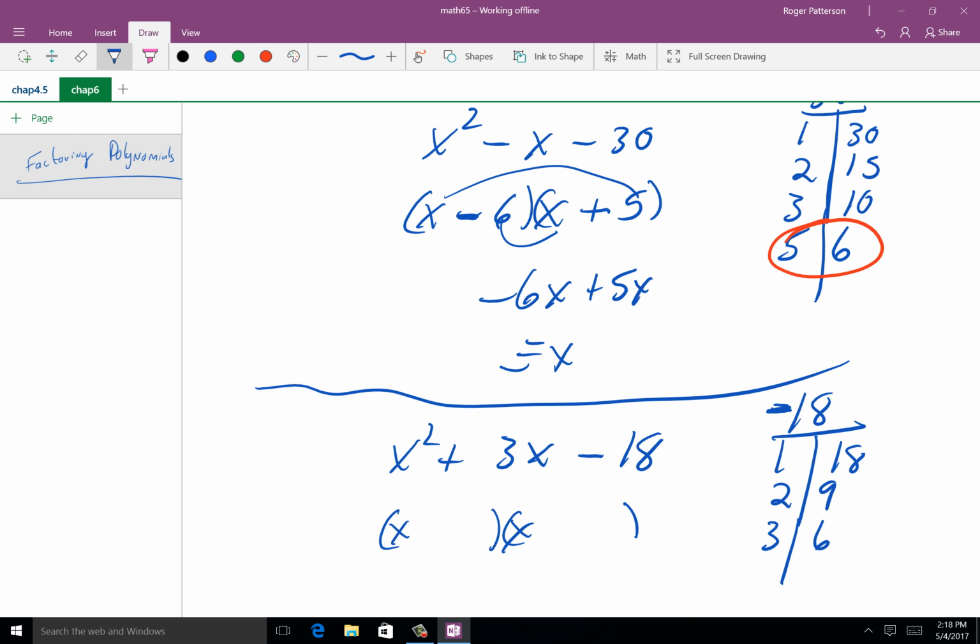It's a negative 18, but I need them to come up to a 3. Even though this is a plus, they still have to subtract to 3 because the 18 is a negative. Okay, so I know that I have to have a negative and I have to have a positive. Well, the only ones that subtract to 3 are these two.